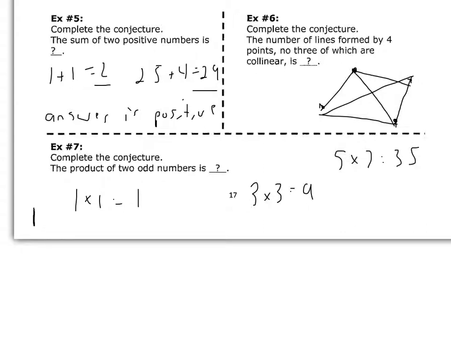Okay, and what is the product? What happens every time? You have 1, 9, and 35. What is common amongst those? Well, of course, you have odd numbers, so your answer is going to be odd when you multiply two odd numbers together. Okay, go ahead and take a look at the next page real quick.